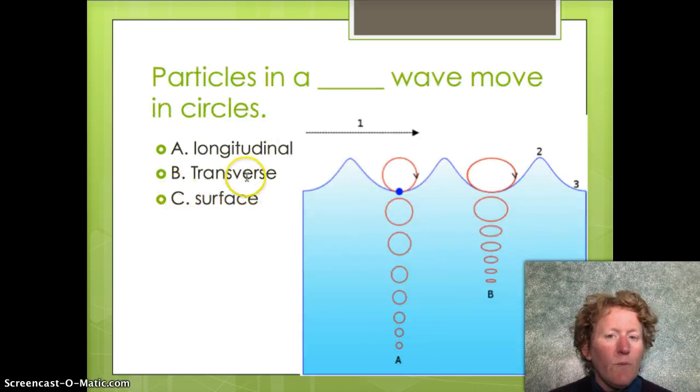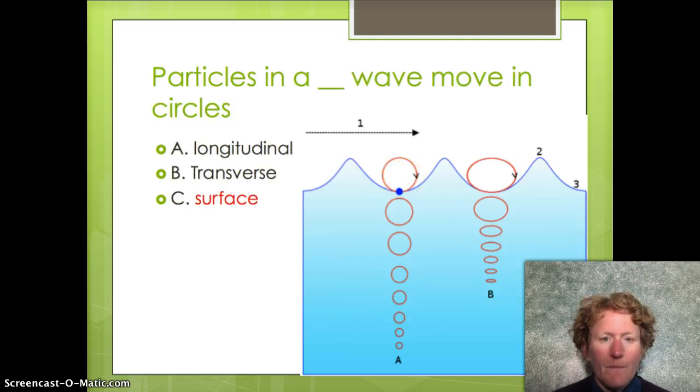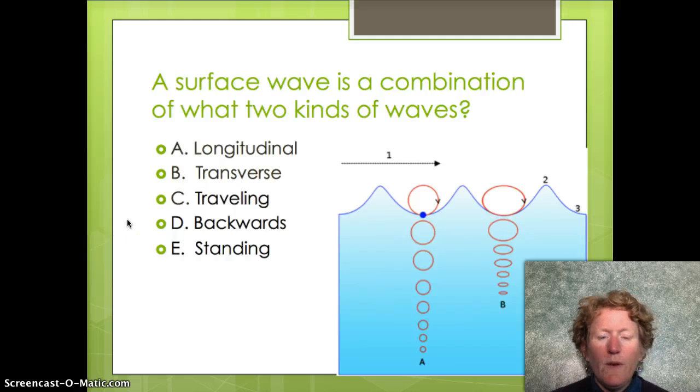Particles in which wave move in circles? Well, you know, looking at the last picture, that this is a surface wave. And I'll explain how those particles move in circles. You've got the combination of two waves. And if you want to think of it, how would you make a circle on an Etch-a-Sketch? What would you have to use?